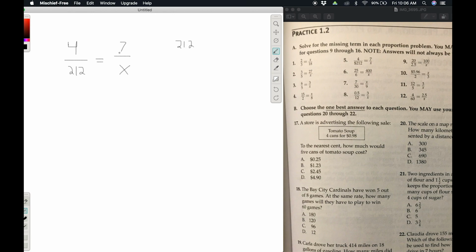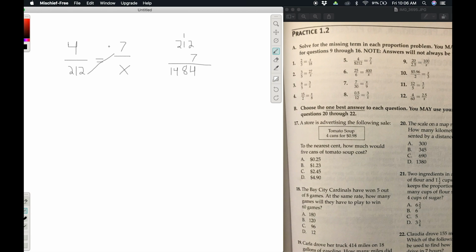Remember, we multiply towards the side of the x diagonally. So 7 times 2 is 14. 7 times 1 is 7, plus the 1 that we carried is 8. 7 times 2 is 14 again.